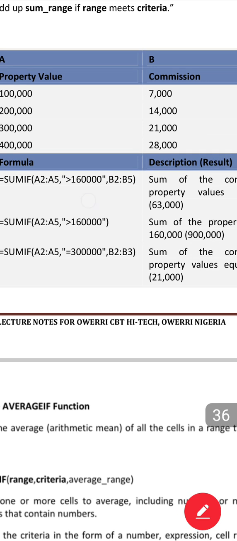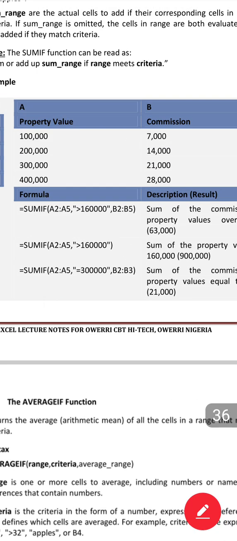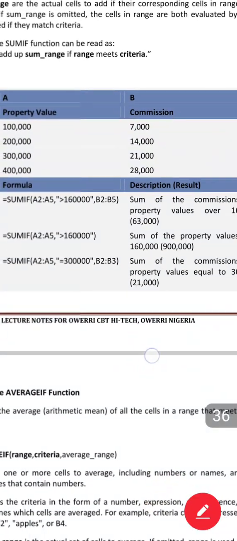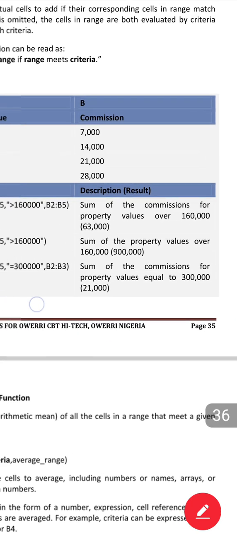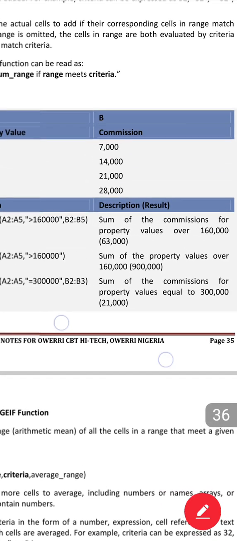B2 to B5 is the commission, for example 7,000 for the first, up to the fourth. The first one is used as commission. So the result is 28,000. The description of this formula is the sum of the commission for property values over 1,60,000, which means 63,000.